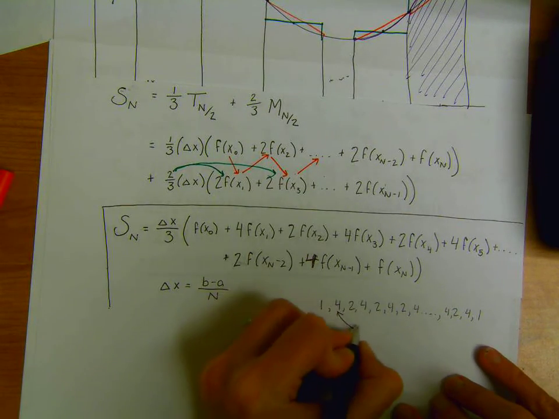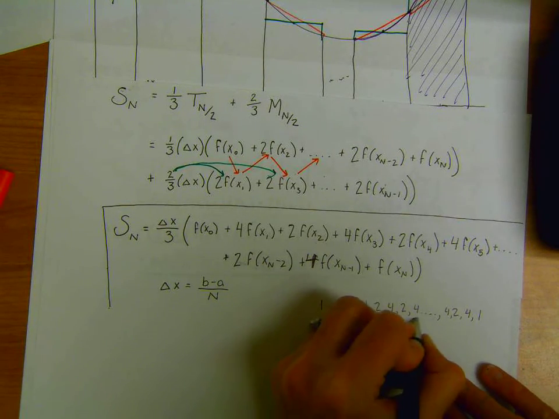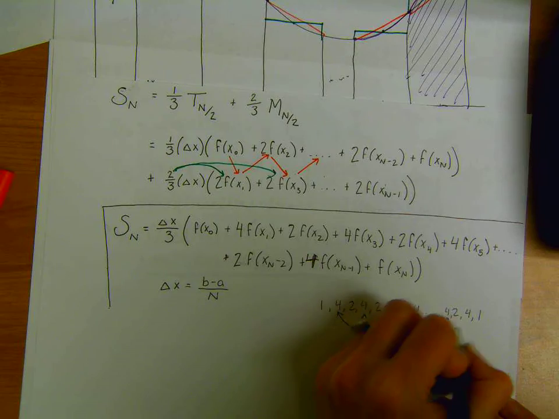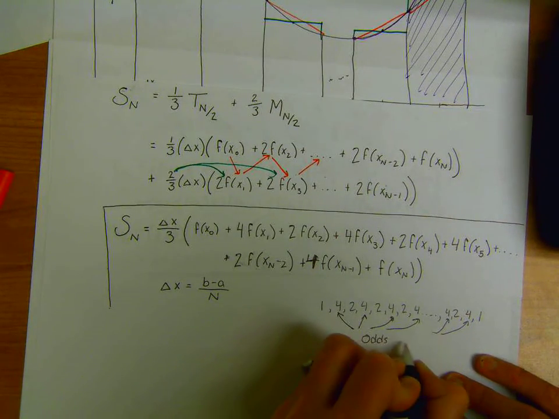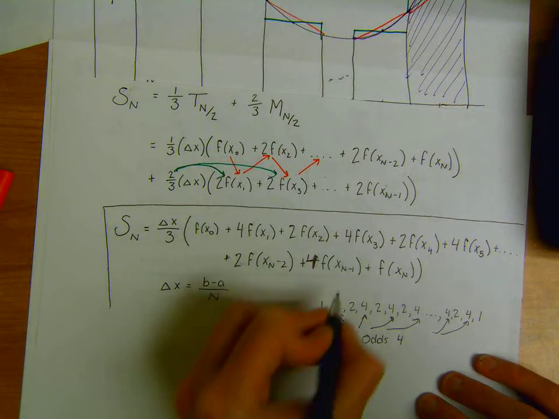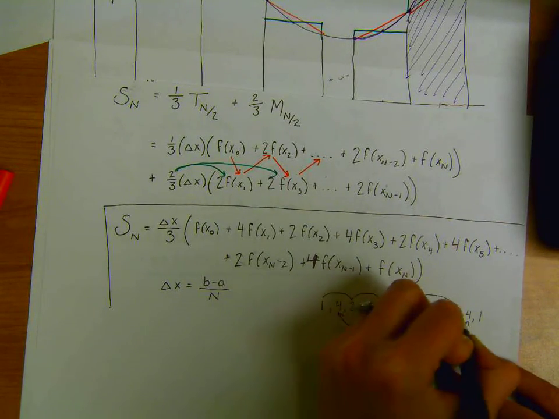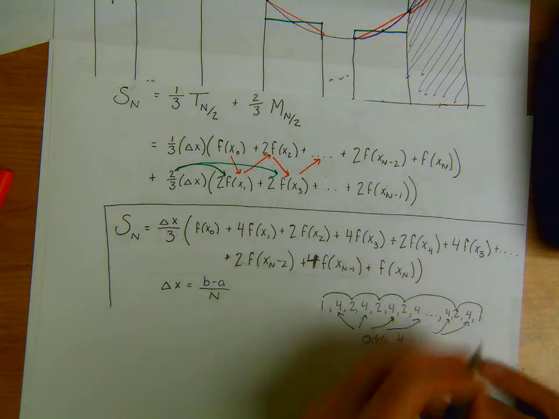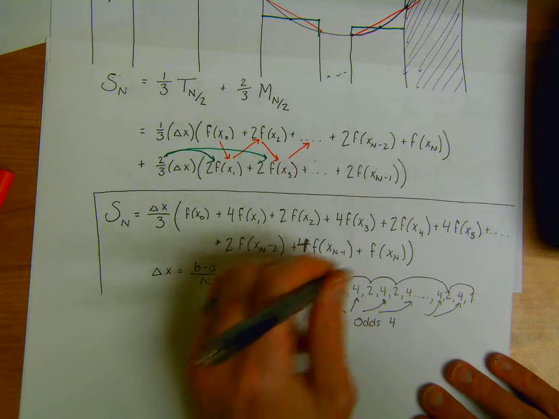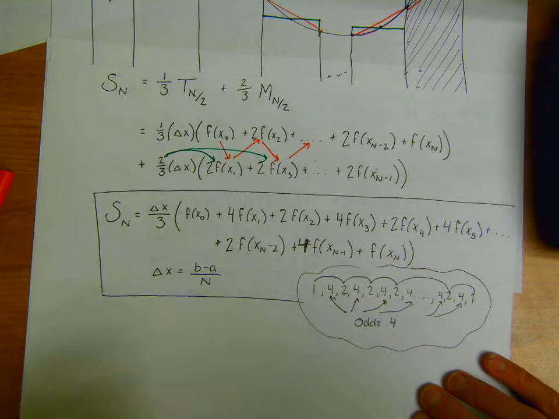And I'm pointing out that all of the odd ones, we always have 4, because the odd ones are the midpoint ones and we want them to be weighted heavily. They have a coefficient of 4, whereas the even ones look like the trapezoid rule. The even ones start 1 and then go 2, 2, 2, 2, 2, 2, and then back to 1 again. So maybe this is my thought cloud. Maybe that's not a helpful thought cloud for you.